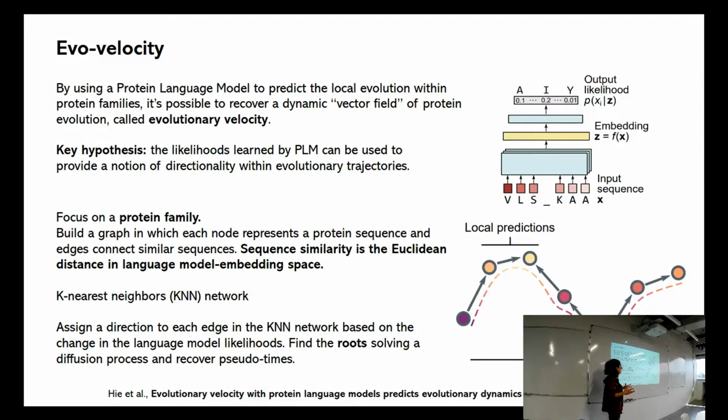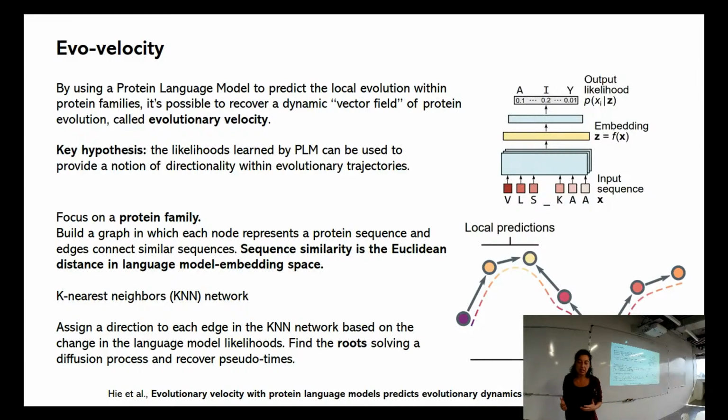So you obtain a directed graph in this way. And there are statistical methods, you can see this as a diffusion process, whatever, so you can solve the graph in some sense to find the roots of the graph. So you can ask yourself, where did this originate from?